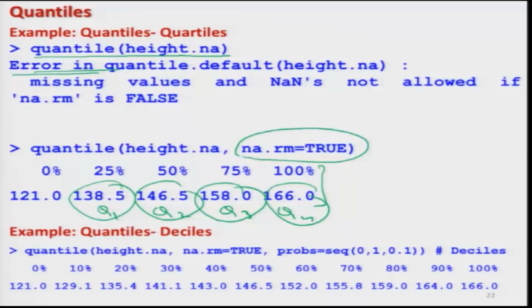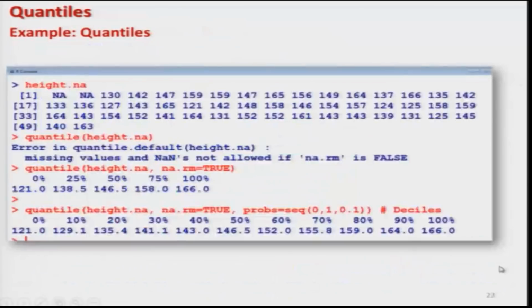And similarly, in case I want to find out the deciles in the same data, I have to use the same command here, and I have to use the probs, which is the sequence of 0 to 1 at an interval of 0.1. So, this will give me the deciles. You can see here these are the deciles that we have obtained, and this is the screenshot of the same operation which I just showed you.